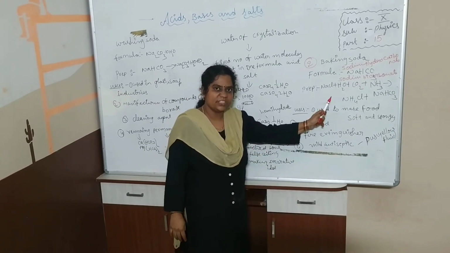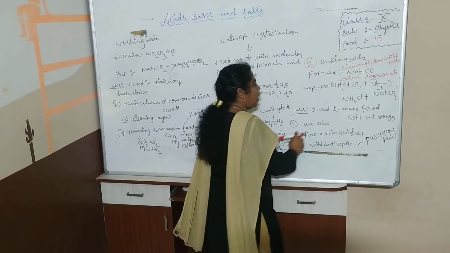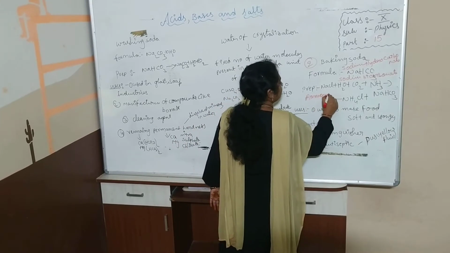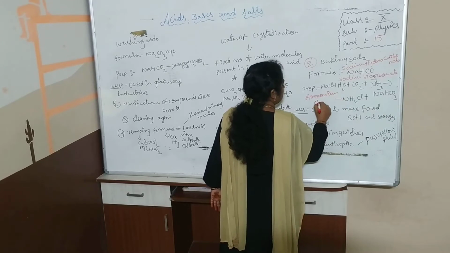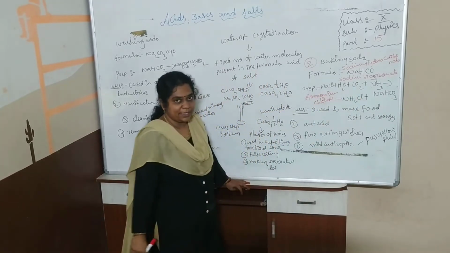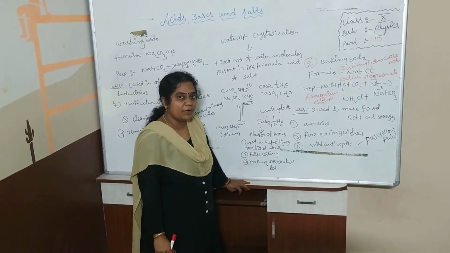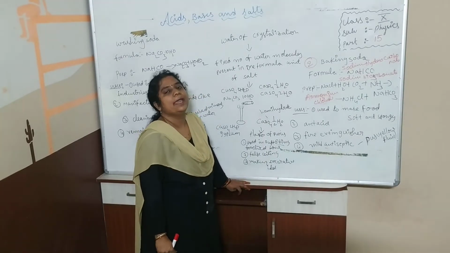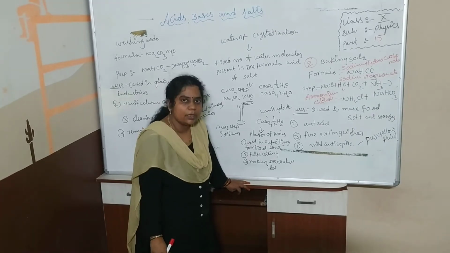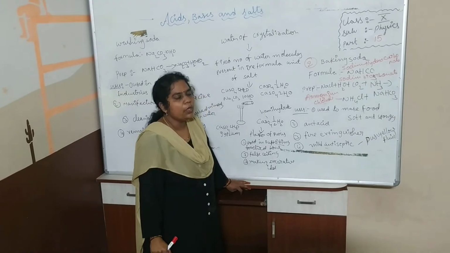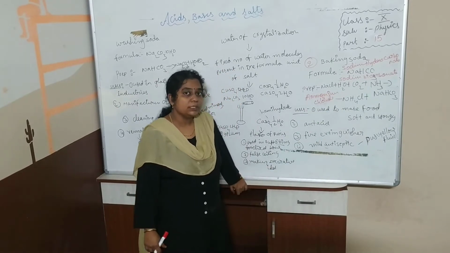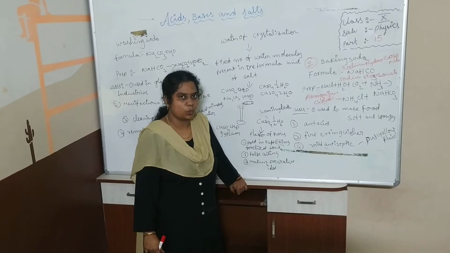When they react with each other, you will get ammonium chloride and baking soda. What is the formula of ammonium chloride? NH4Cl. So, when sodium chloride reacts with water, carbon dioxide and ammonia, you get ammonium chloride and baking soda. Okay. Then what are the uses of this baking soda?